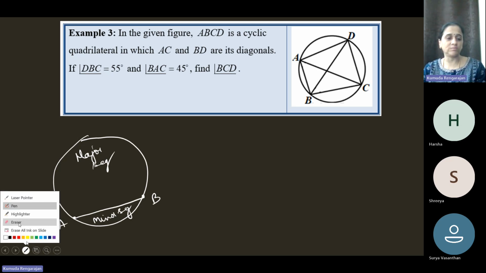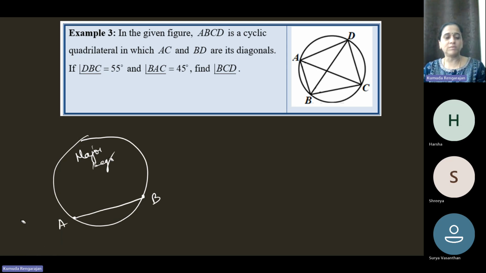Angles in the same segment of a circle are equal. Let's understand using the major segment. Take two points anywhere on the circumference of the major segment, C and D, wherever you please. Now, which is the chord?